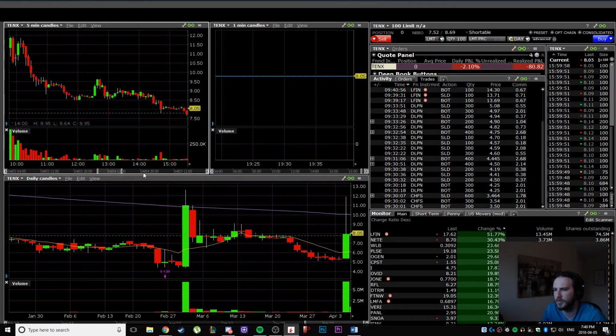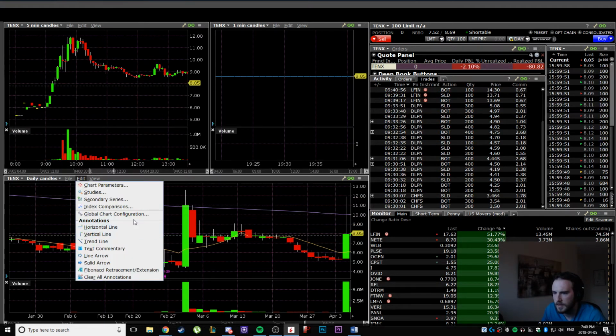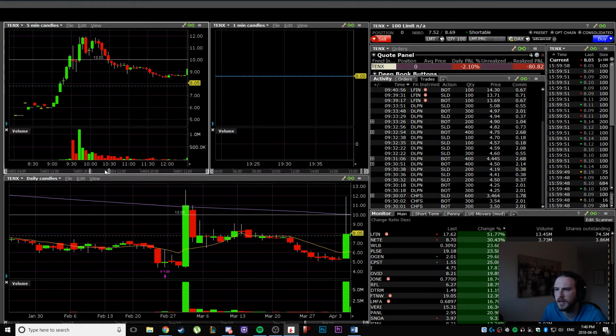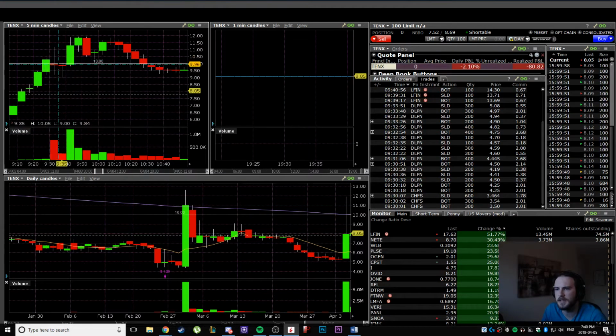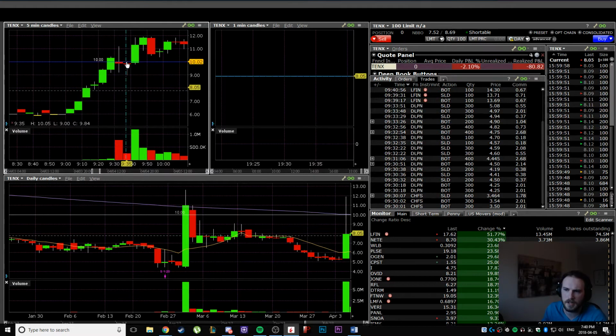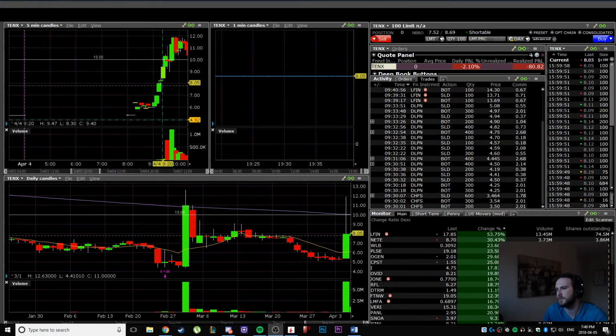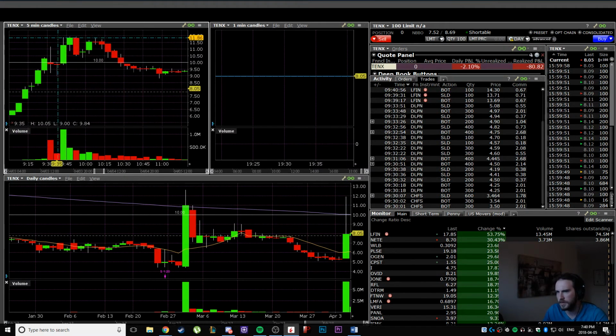Once it burst through that $10 resistance, we can see here that it consolidated nicely right under $10 on the 5-minute, and then once the first 5-minute candle made a new high, we surged through that yet again, and then we had no resistance all the way up to the previous high here of $12.63. Now, we didn't actually make it past $12, but that just gives you an idea of how much room is available.